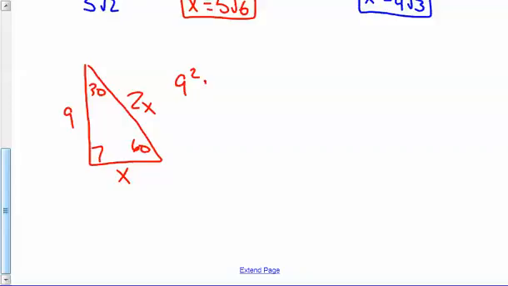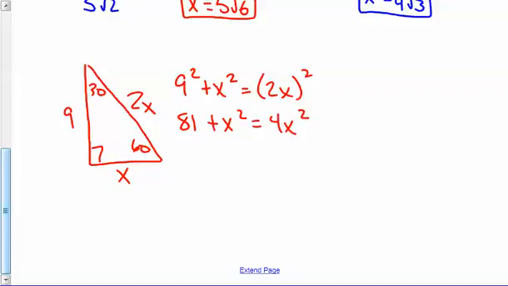You'd say 9 squared plus x squared equals (2x) squared. 81 plus x squared equals 4x squared. Minus x squared on both sides. 81 equals 3x squared.